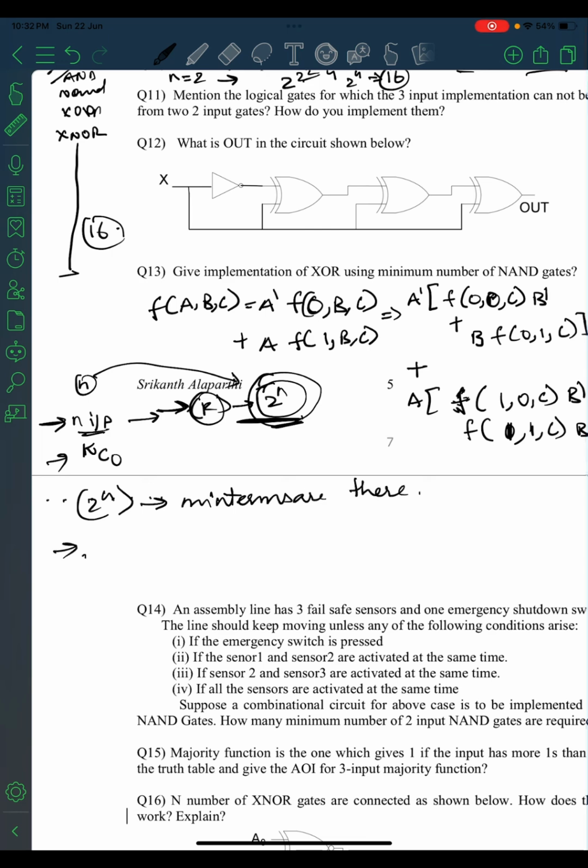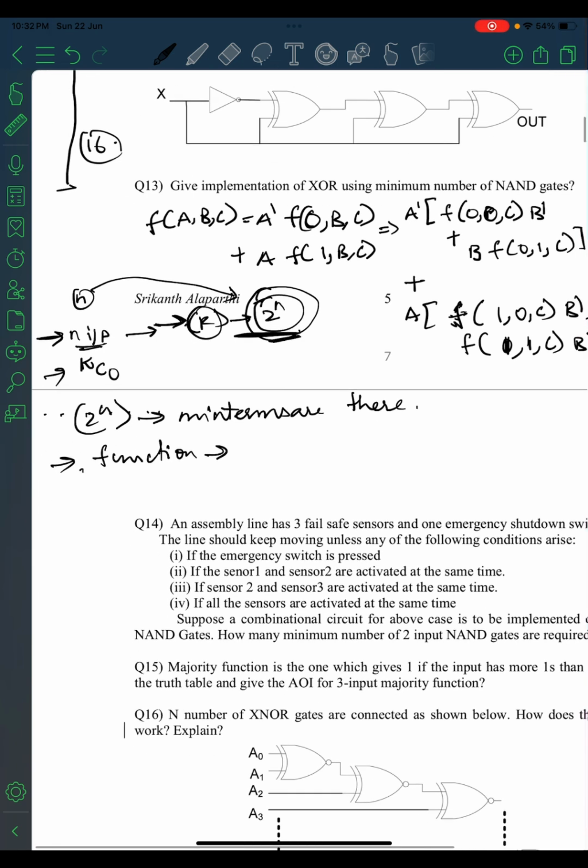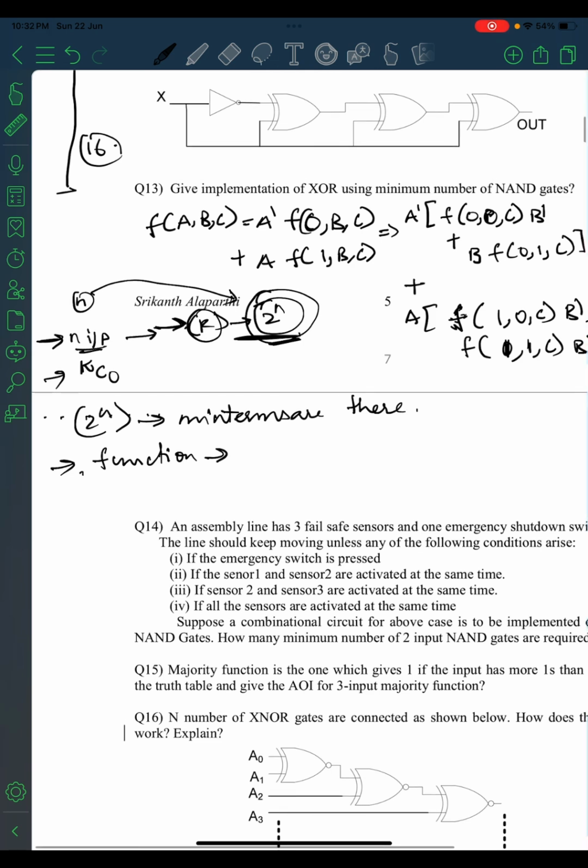Now if you need a function, this function can be formed by using any of the minterms. For suppose a' b', a' b, a b', a b. Now we have 4 minterms here, right? So we can have a function based on just a' b'.